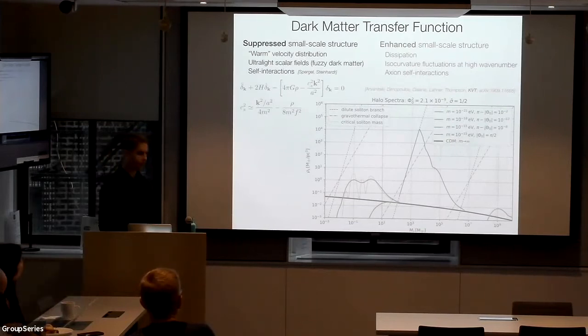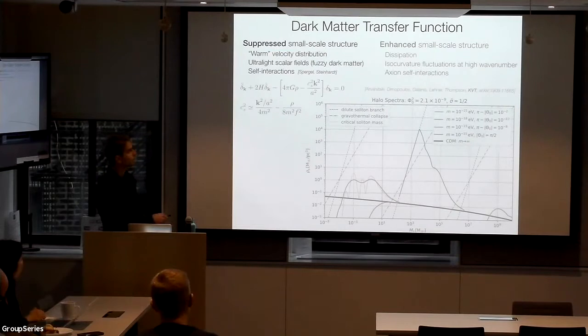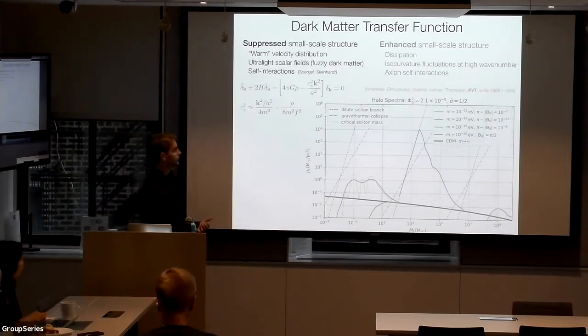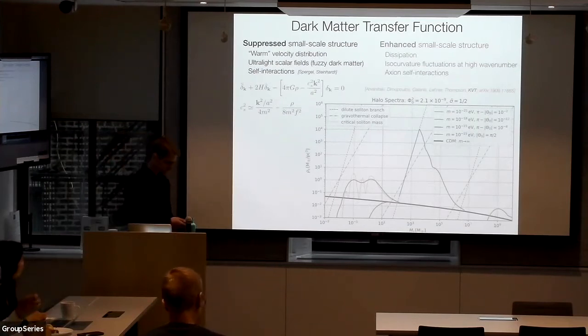Likewise, dark matter could be an ultralight scalar field with a de Broglie wavelength that's on galactic scales that causes a gradient pressure, which in turn again suppresses structure on small scales. Or, as shown by David and collaborators, if you have self-interacting dark matter, that could erase structures in small dwarf galaxies, for example.